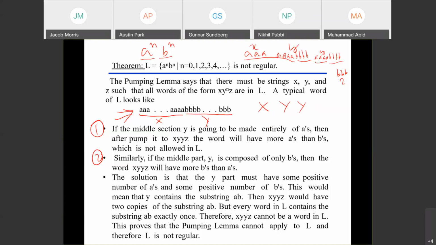Okay. So might be the third guess is that the y part must have some positive number of a's and some positive number of b's. So I have this is x, this is y, this is z. And now if I pump, I already showed you this example.